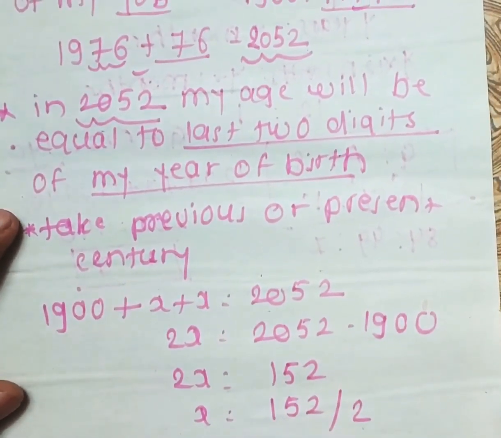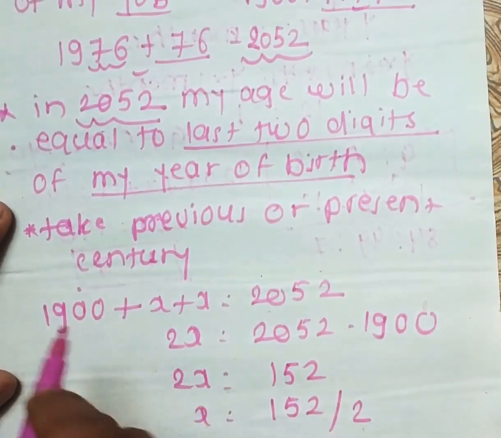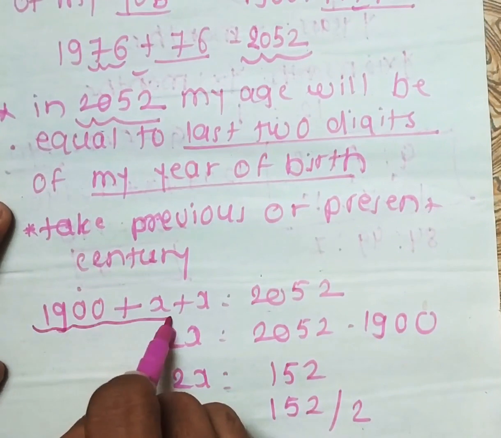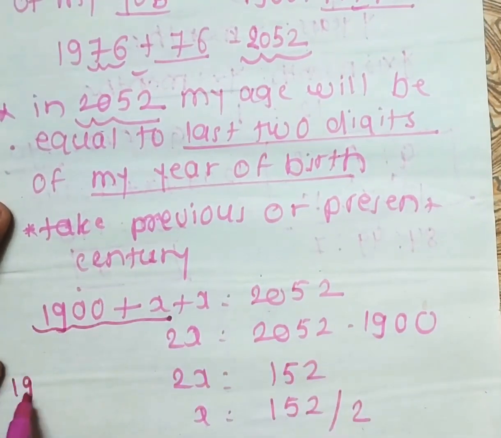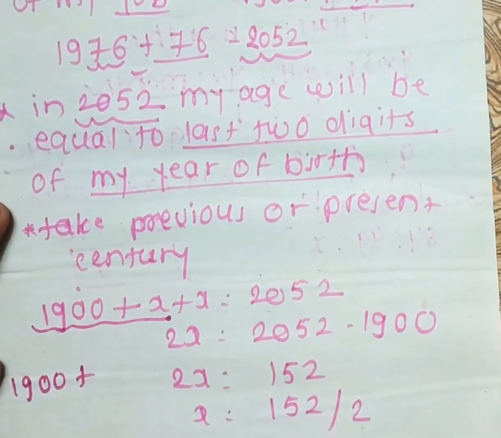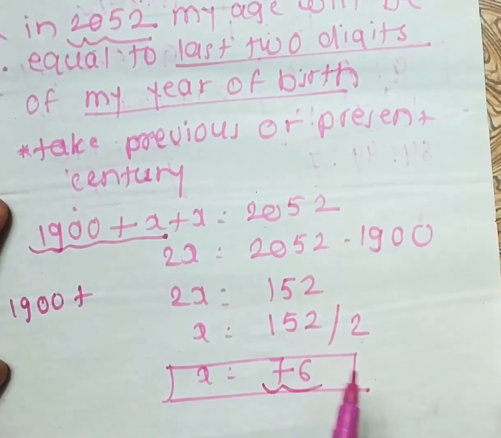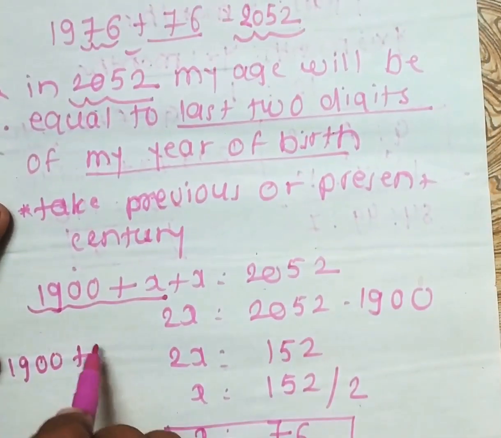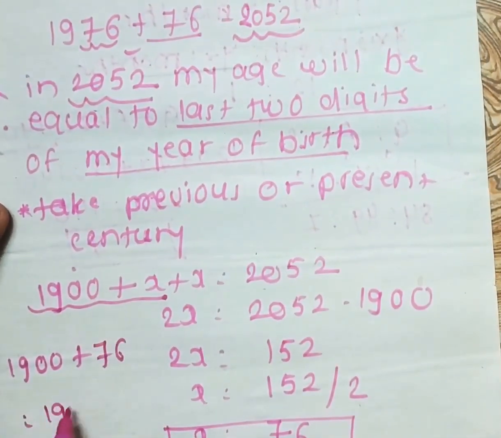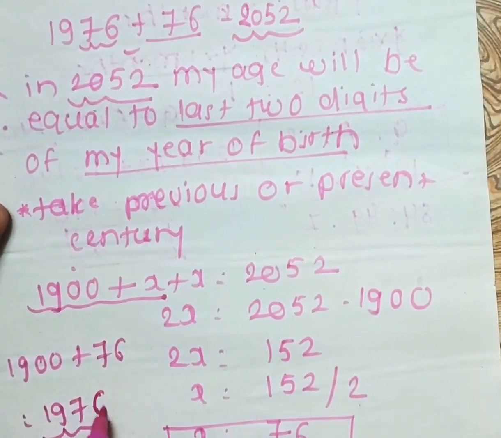So I can find the year of birth easily, because the year of birth is 1900 plus x, and x is 76, which we have calculated. So I was born in 1976.